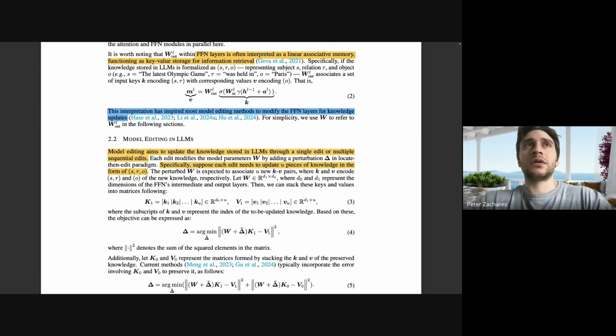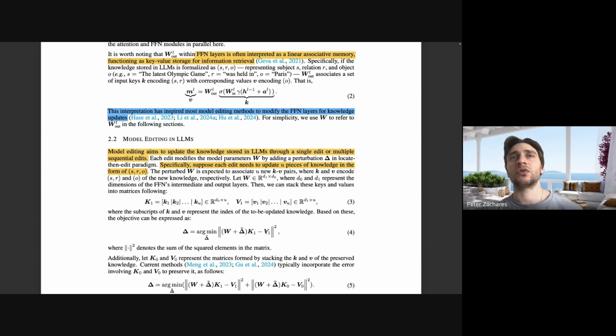One thing that was confusing when I first read this was, isn't V1 just K1 times W? Because that's what it is over here. You can see in equation 2, K times W out is equal to V. And I didn't say this before, but W out is just abbreviated as W from now on.